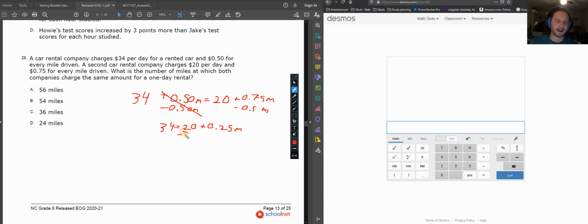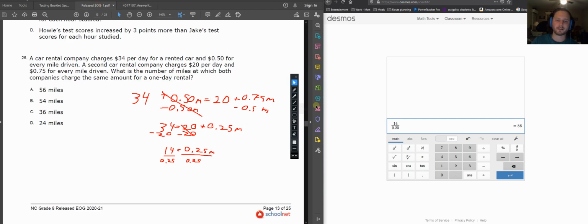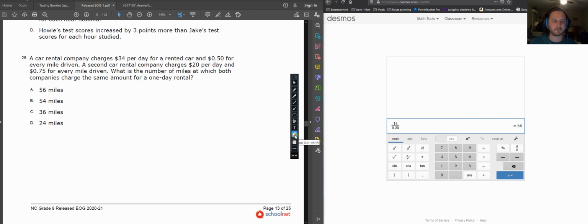Then I'm going to subtract 20 from both sides, which gives me 14 equals 0.25 m. Divide both sides by 0.25, and let's see what happens. 14 divided by 0.25. I got 56, which is A, which matches what it says in the answer key. So yes, 26, we got A, 56 miles.